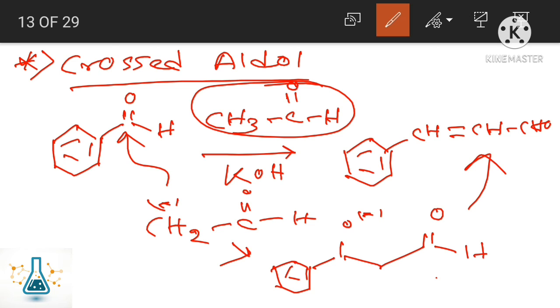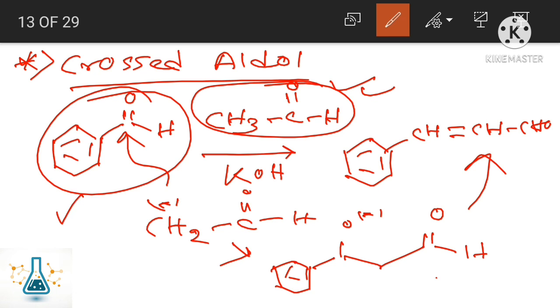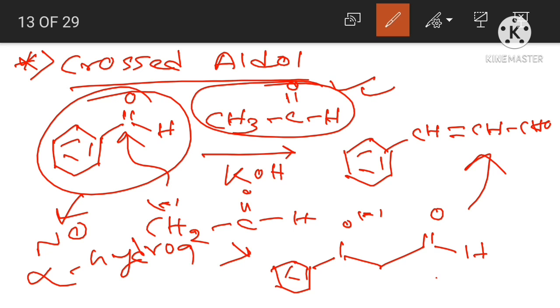So this is called crossed aldol. Means in the two partners, in case one of the compounds contains ionizable alpha hydrogen like acetaldehyde does, and another contains no alpha hydrogen, in presence of base they will give this alpha beta unsaturated aldehyde. It is called crossed aldol reaction.